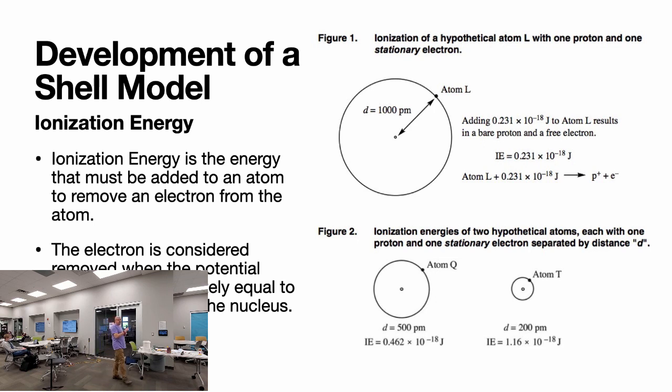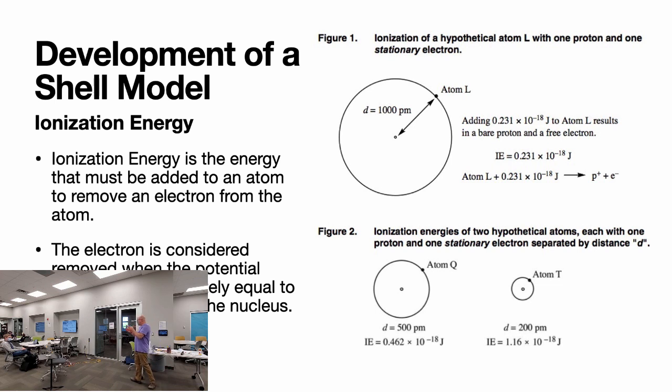Electrons are considered to be removed when the potential energy approaches zero. We're at that infinity point. I'm not going to pull it up, but you could go back and look at that Bohr model I had with the arrows showing the jumps, and you would see an n equal to infinity on there.